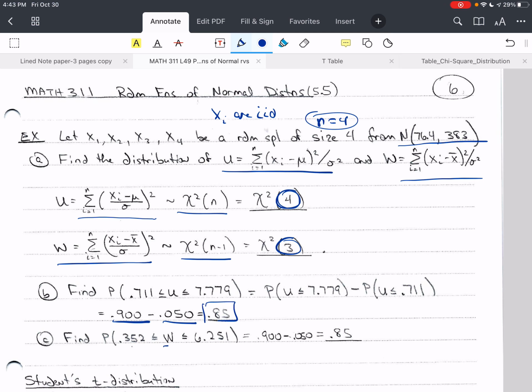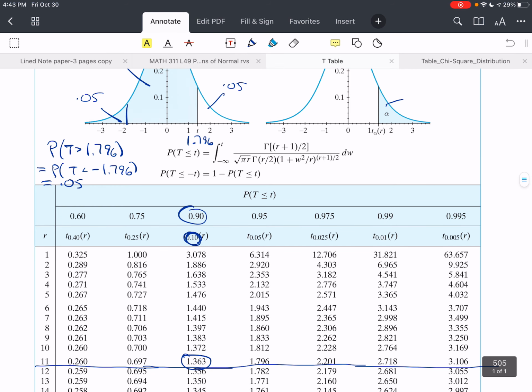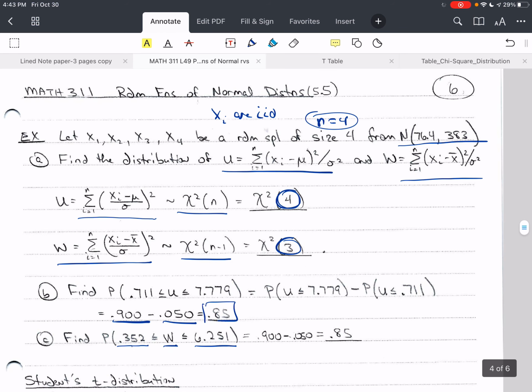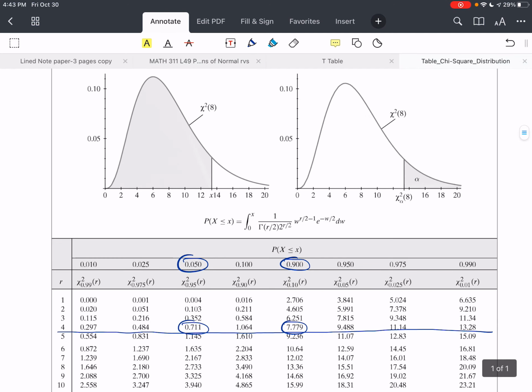Now, for w, we want the probability that it is between 0.352 and 6.251. Now, w has 3 degrees of freedom. We were looking at 4 degrees of freedom, and now we're looking at 3 degrees of freedom for w. I was looking at the wrong table.